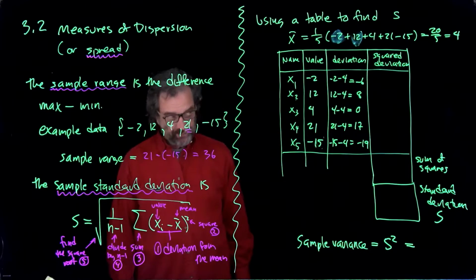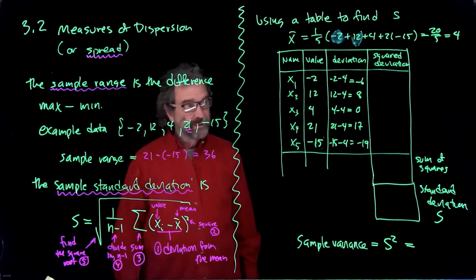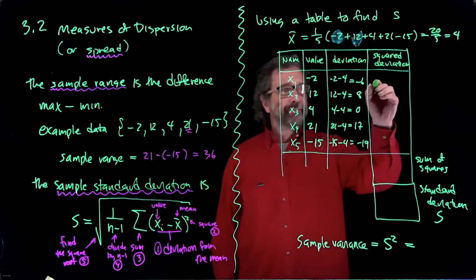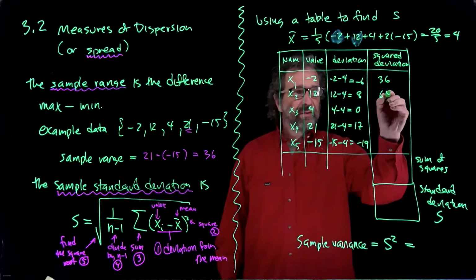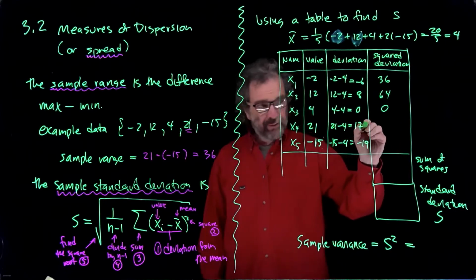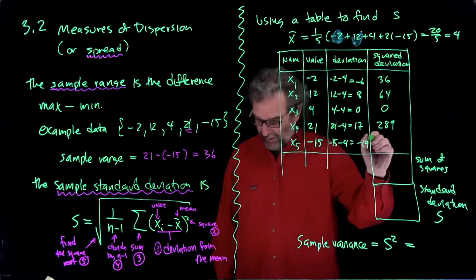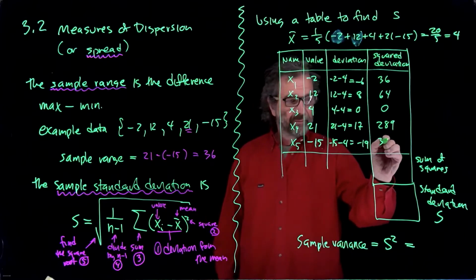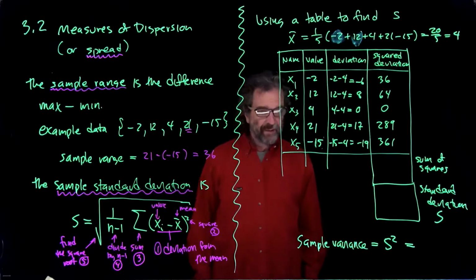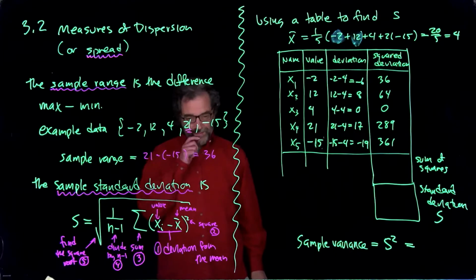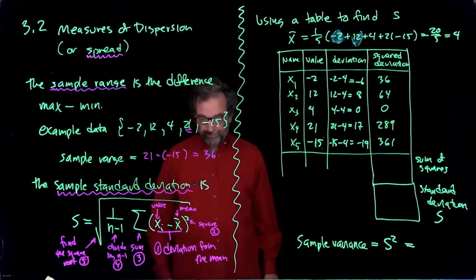I'm checking my notes just to be sure I haven't messed things up too badly. And then we square those. 36, 64, 0, 289, that makes sense, and then 361. I don't actually have 19 squared memorized. That would be nice.